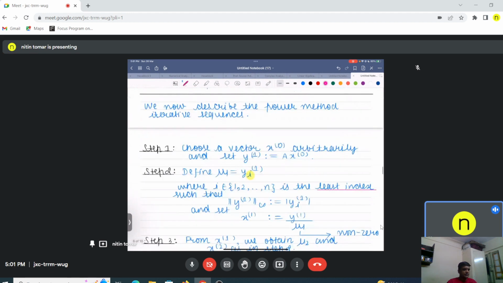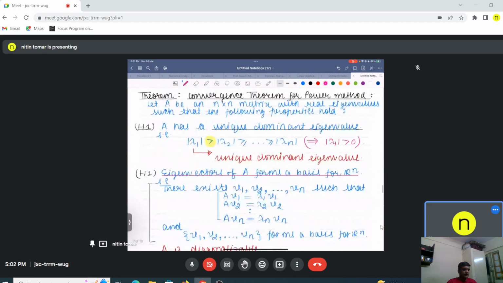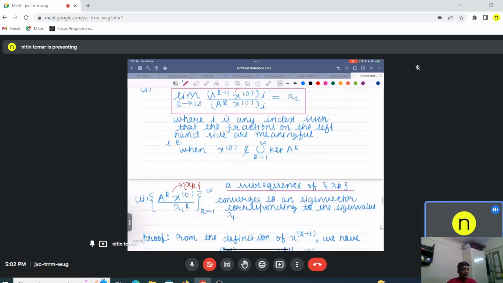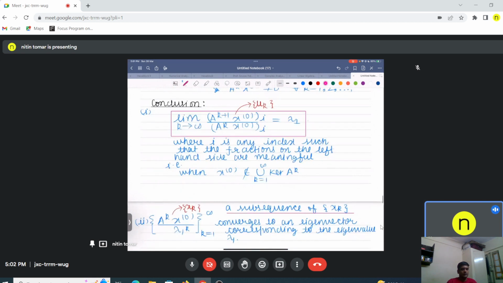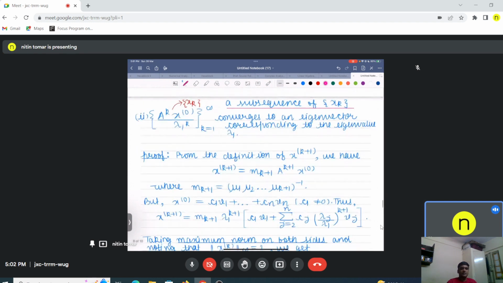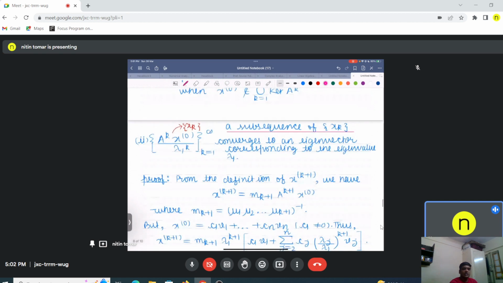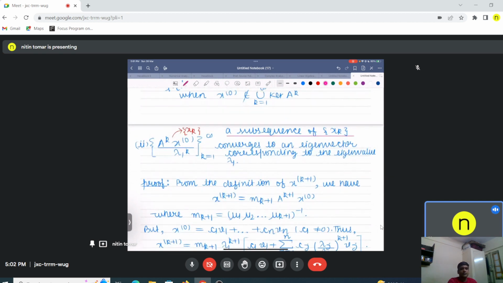And this is precisely the first convergence theorem for the power method. It says that with these three assumptions, you have the following conclusion: you will have a sequence of scalars which will converge to the dominant eigenvalue, and second you will have a subsequence of vectors which will converge to an eigenvector. Now see, in the second conclusion you have a subsequence, not the sequence itself.